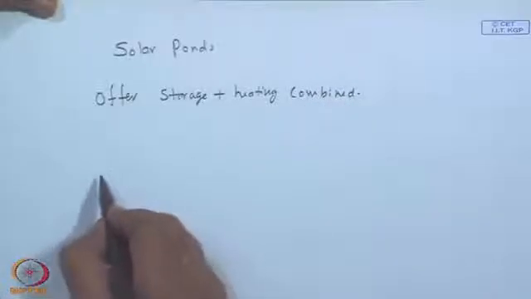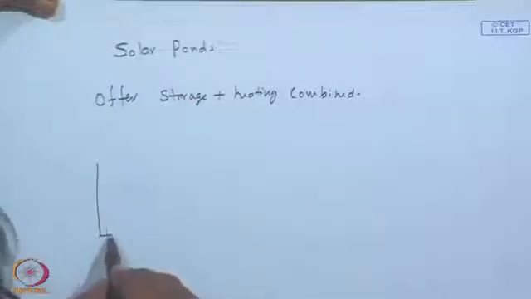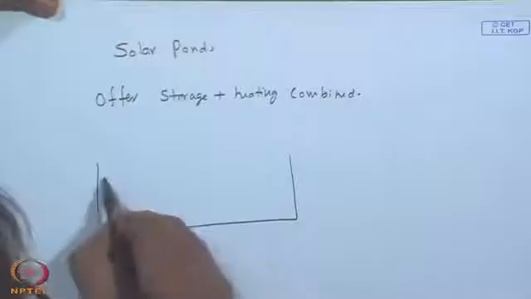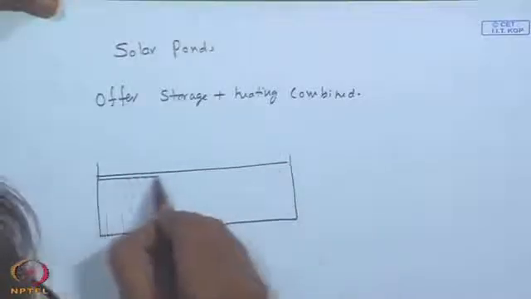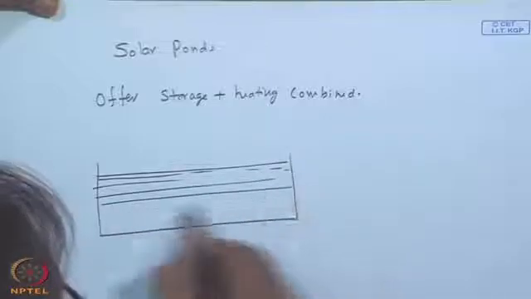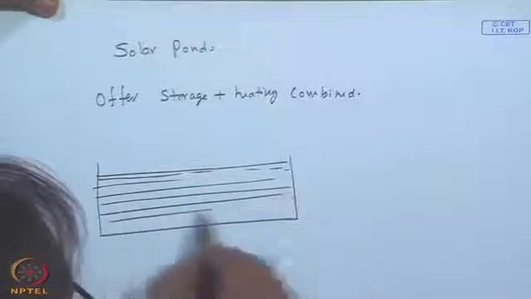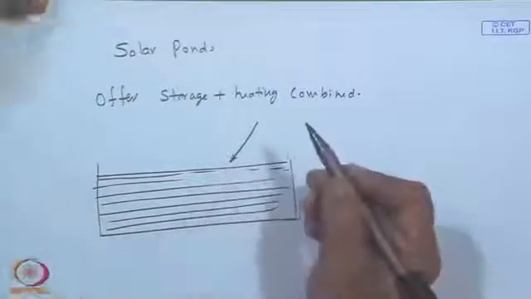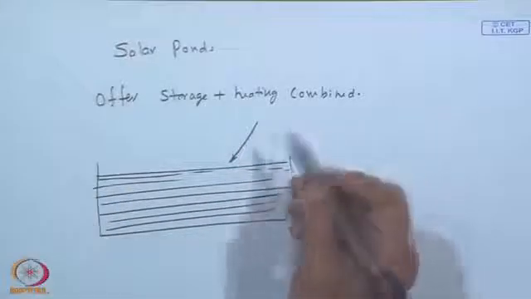If you take any ordinary pond, which I am representing just like this, there is water at some level, it could be a river, it could be a pond, small tank. So, there is the solar radiation, some of it will be absorbed.